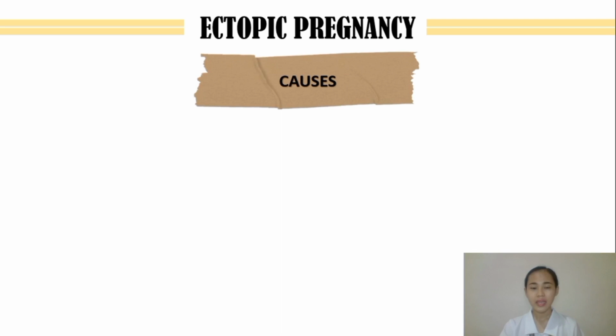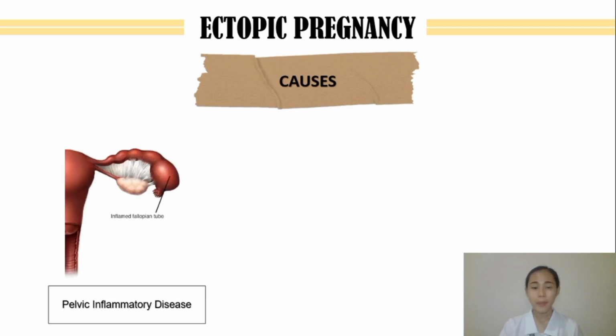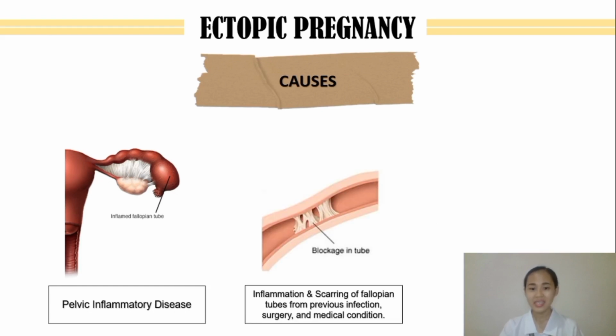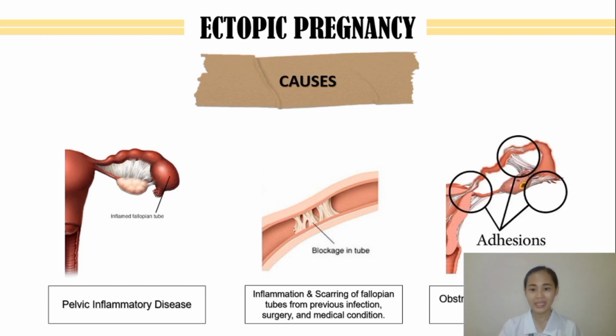technology. The causes of ectopic pregnancy are pelvic inflammatory disease, or PID. Second, inflammation and scarring of fallopian tubes from previous infection, surgery, and medical condition. And lastly, obstructions such as adhesions in the fallopian tube.